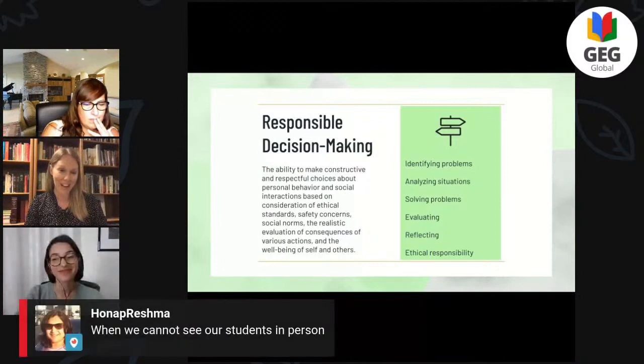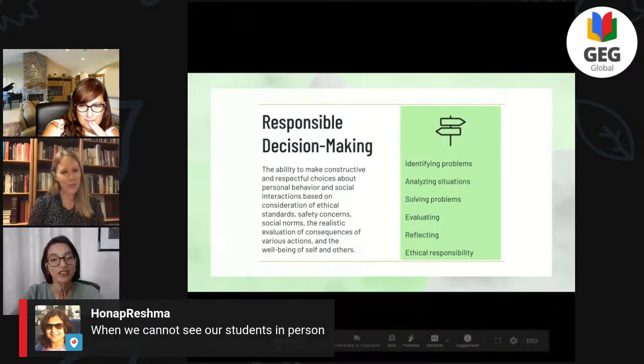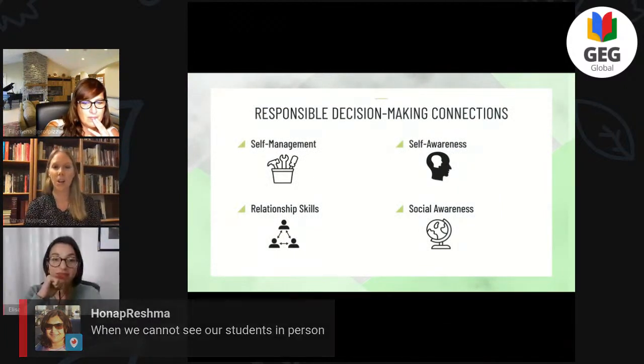So, yeah, absolutely. It all connects together as well. They're all connected, as we talked about before. Philomena, if you go to the next slide, I can just remind everyone that, again, it's cyclical. And so we're continuing to work on these things all together.